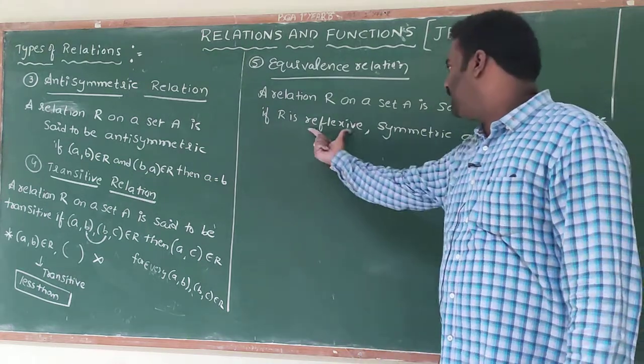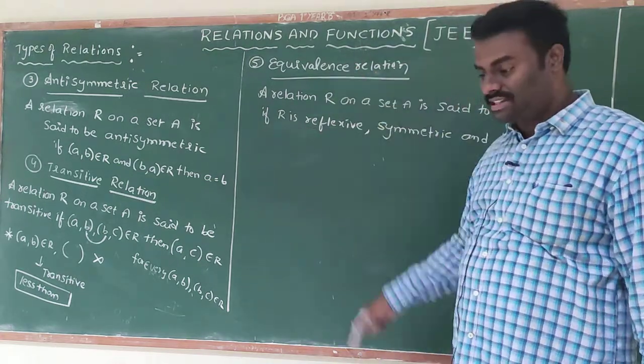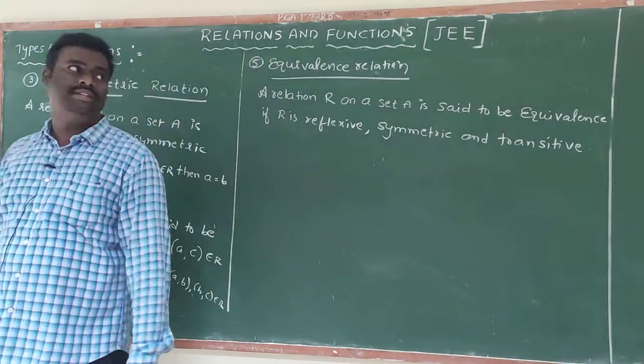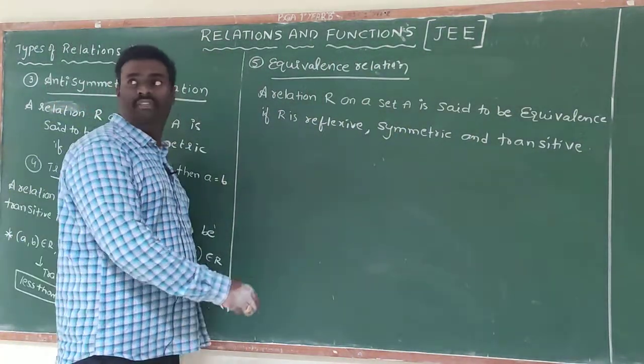If it satisfies these three conditions, then that is called an equivalence relation. So this is the fifth type of relation.